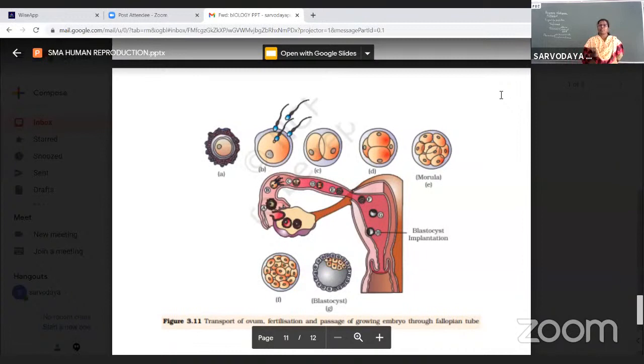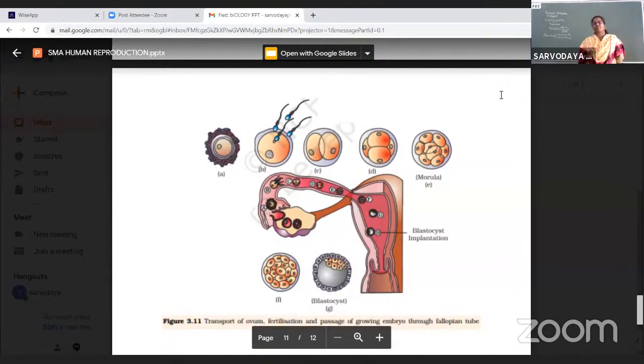They are nothing but the daughter cells formed due to mitotic division of the zygote. This entire process is called cleavage: the process of repeated mitotic division of the zygote to form a number of cells called blastomeres.